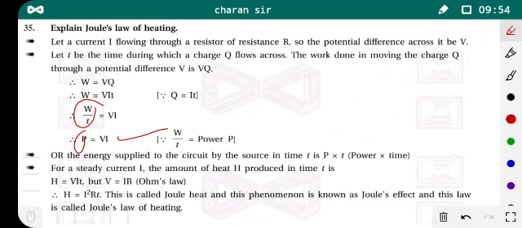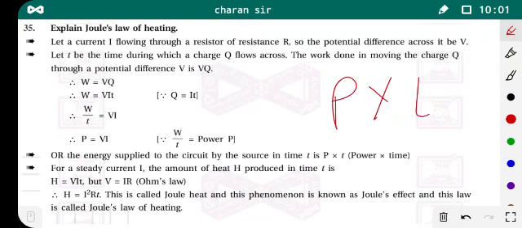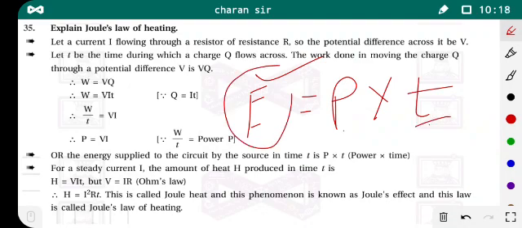Now the energy supplied to the circuit by the source in time T is given by power into time. Suppose we apply the energy for time t; power into time gives the supplied energy.